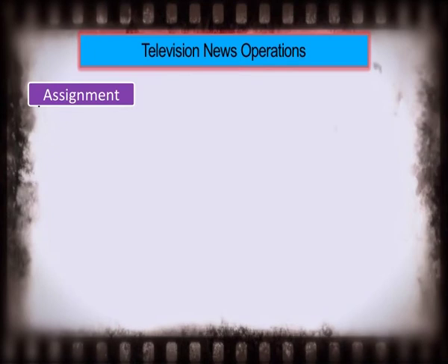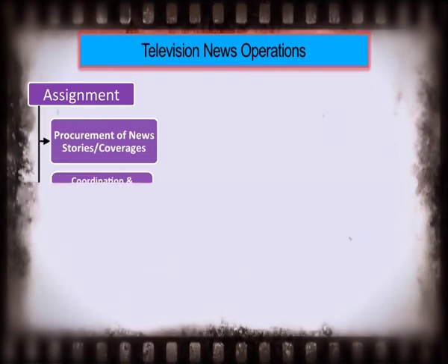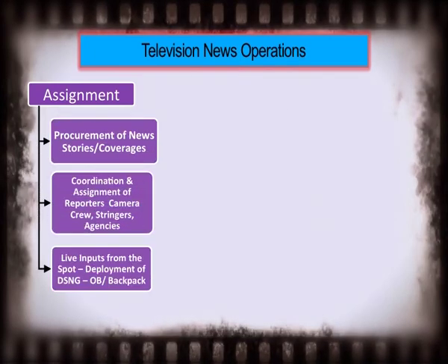Well, friends, the entire television news operation in any television news channel or broadcast station has three components. So, television operations of the present day are done through three different wings. One is known as assignment, which basically deals with reporting from the field and bringing it to the broadcast station.